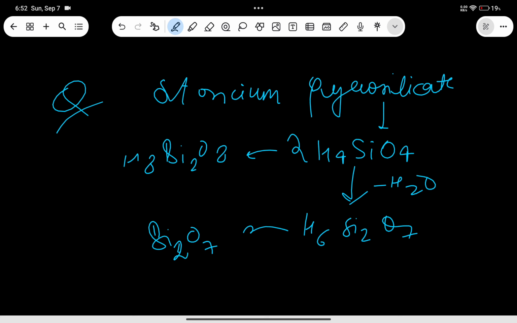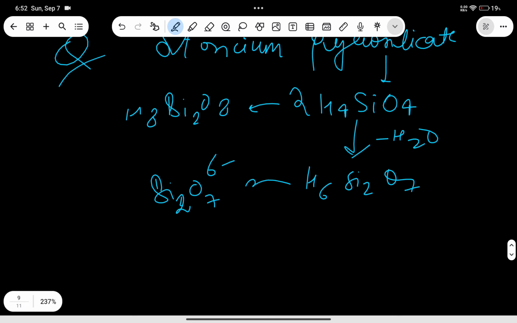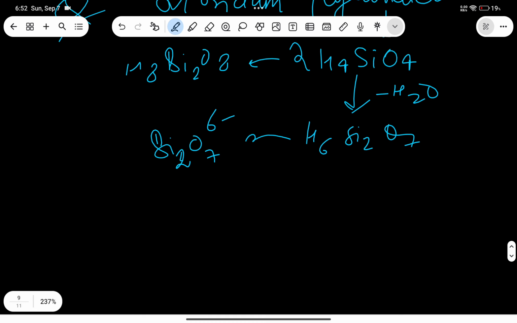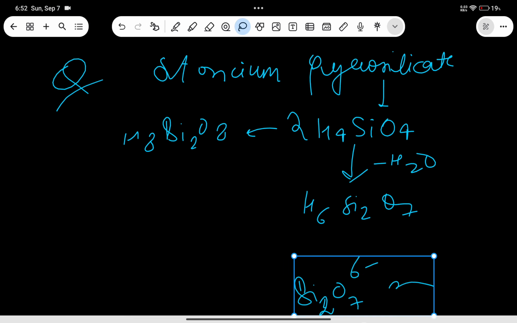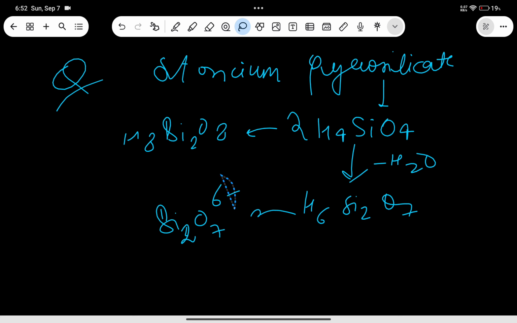Si2O7 6 minus, right? And then you also have strontium. The only thing we needed was this one, so we'll take it with us.